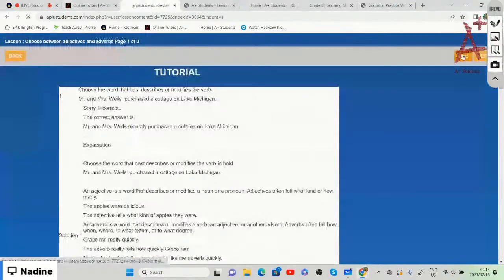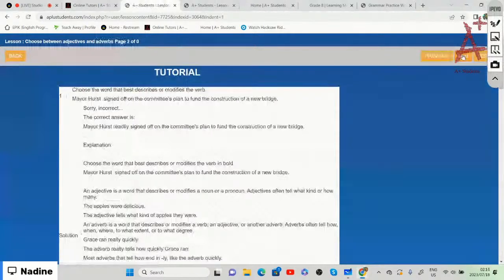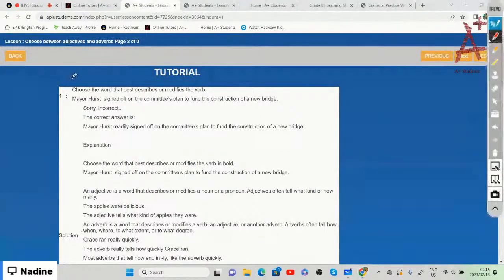We're going to the next one. Mayor Hurst, we need to choose the correct word. Is it ready or readily? We need to choose between those two words.